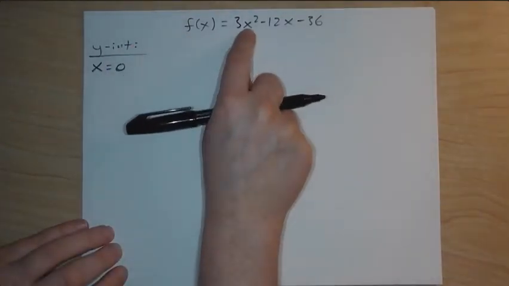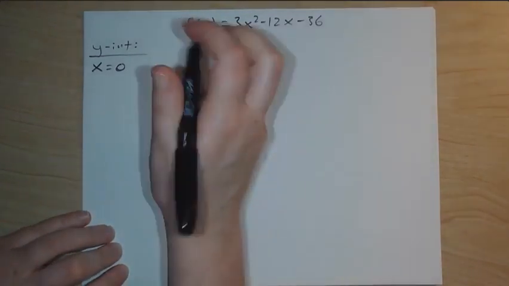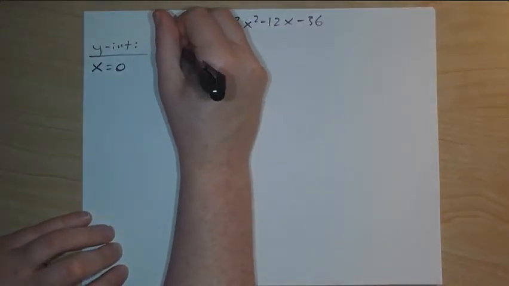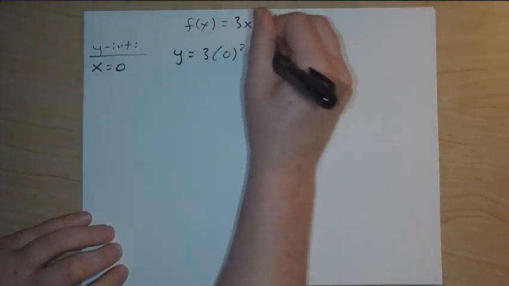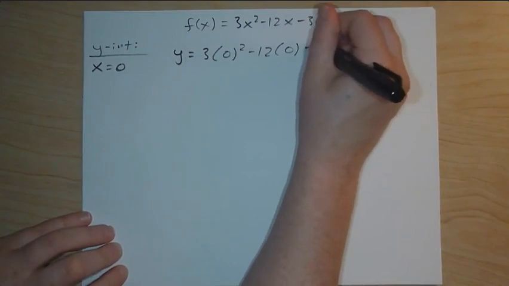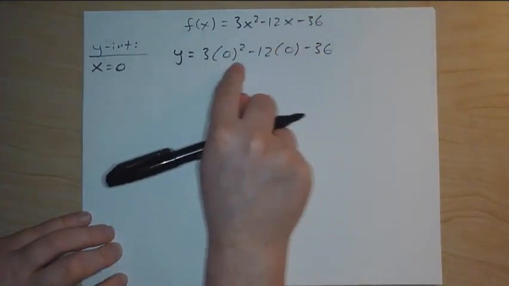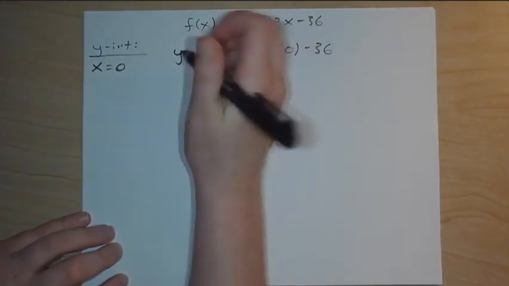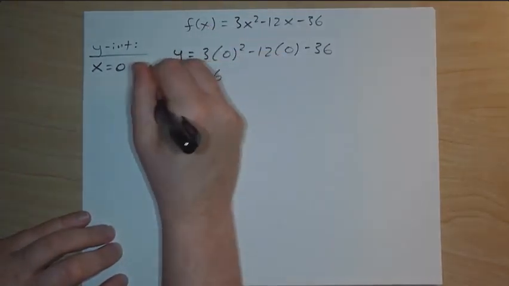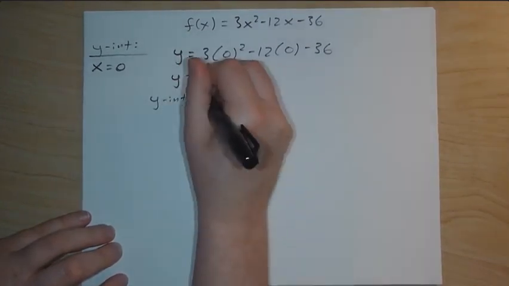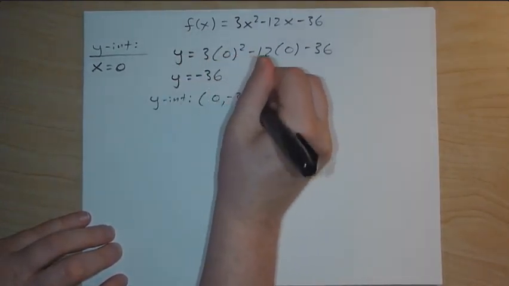So we're going to substitute 0 in for each x here. So we get y is equal to 3 times 0 squared minus 12 times 0 minus 36. This term will come to 0, this term will come to 0, so we are only left with y is equal to negative 36, which means our y-intercept is the point 0, negative 36.